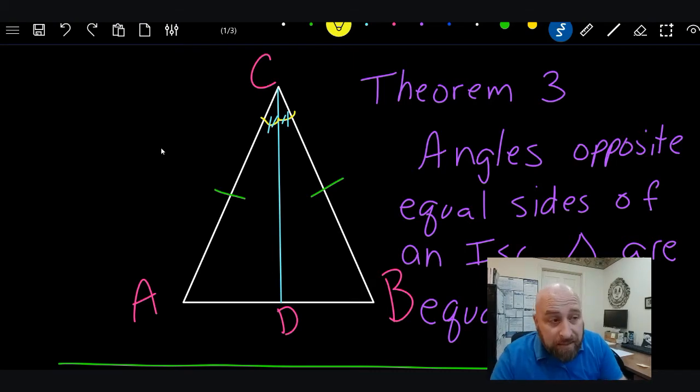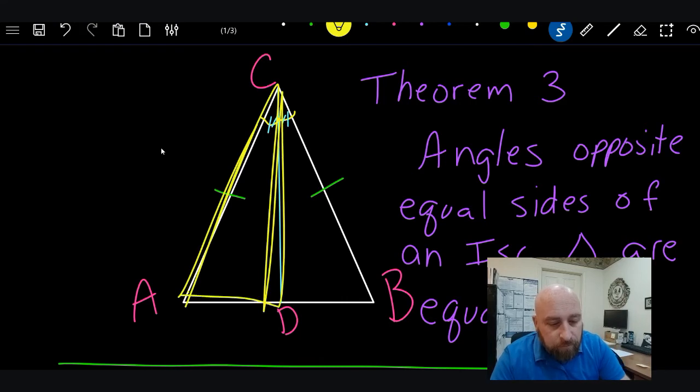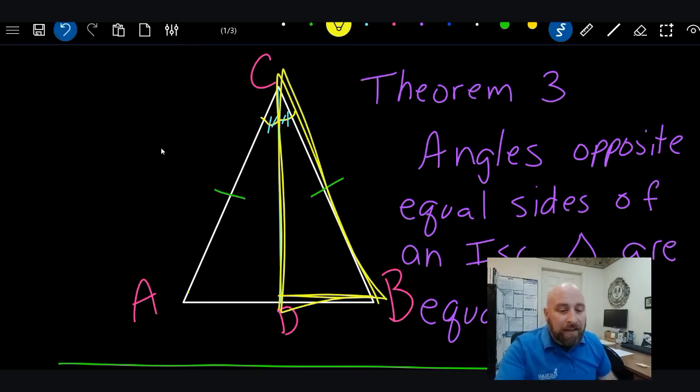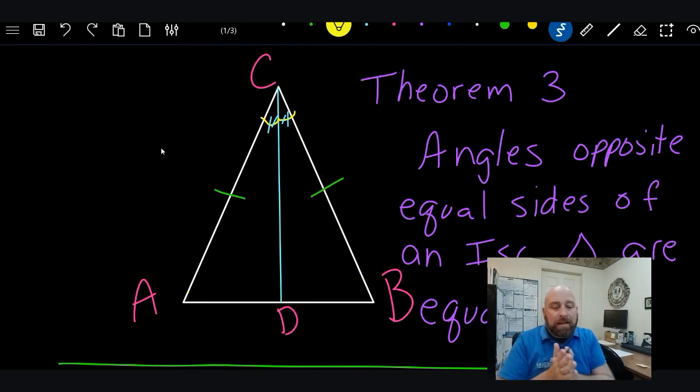Because CD, check this out, CD is part of ACD, and it is also part of BCD. That line, that's an adjacent line. It's cutting those 2 triangles in half. Basically, it's bisected that angle, and it's sharing that side.